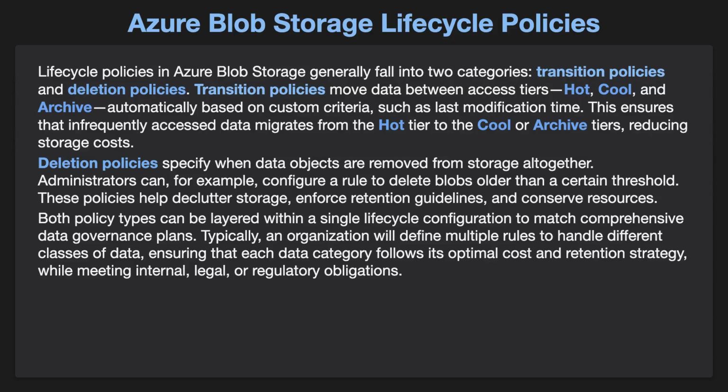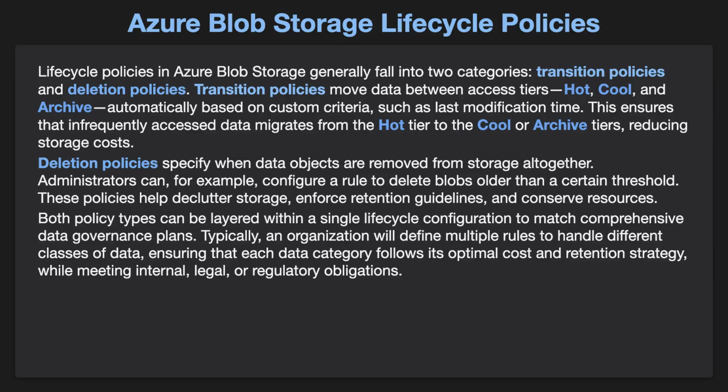Lifecycle policies in Azure Blob Storage generally fall into two categories: transition policies and deletion policies. Transition policies move data between access tiers, hot, cool, and archive, automatically based on custom criteria, such as last modification time.